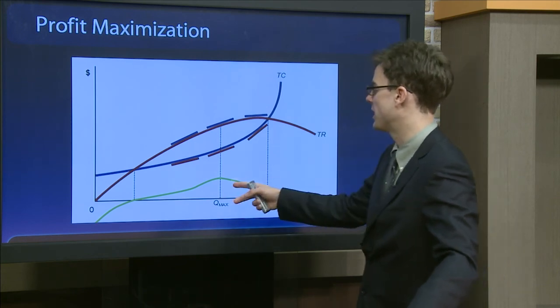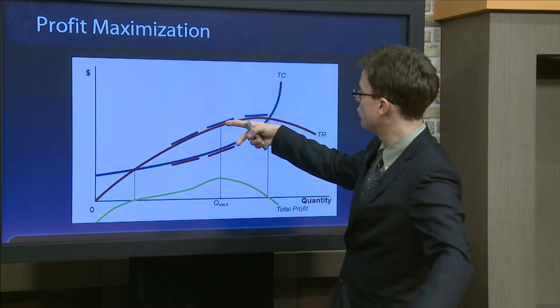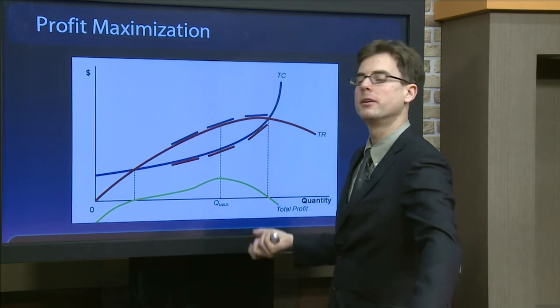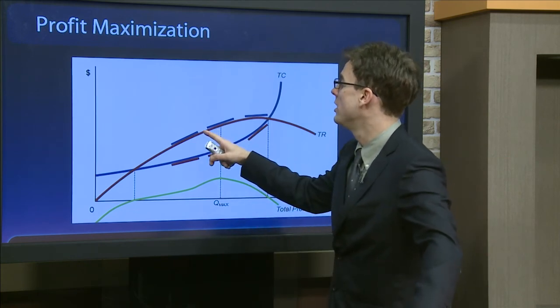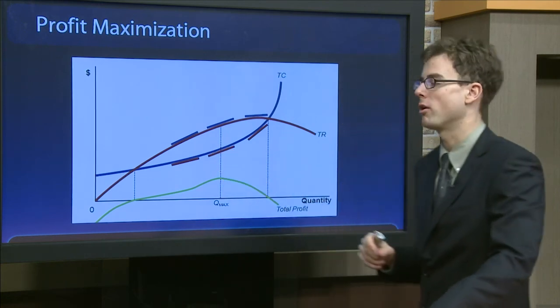And we can summarize that total profits are maximized when the difference between total revenues and total costs is maximized. In other words, that happens when the slope of the total revenue curve is the same as the slope of the total cost curve.